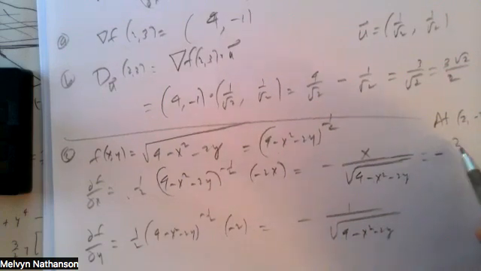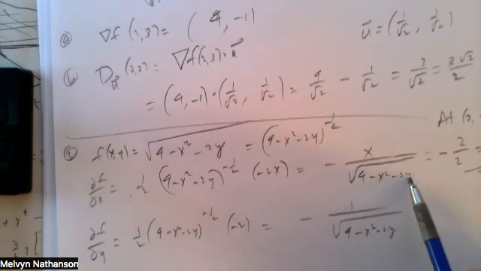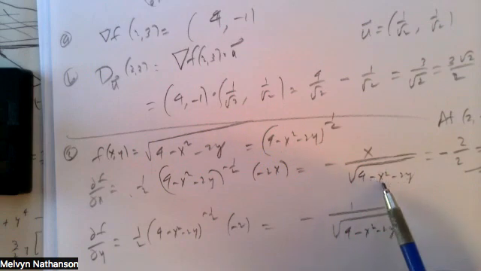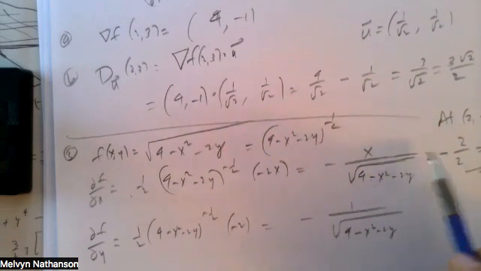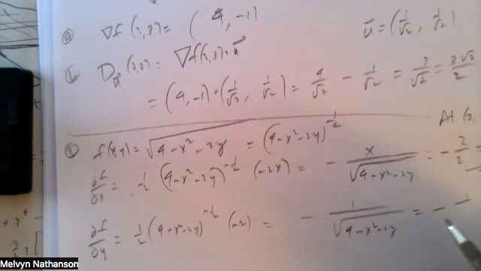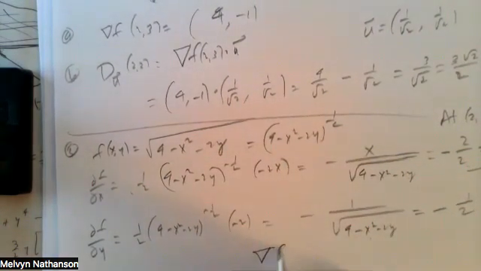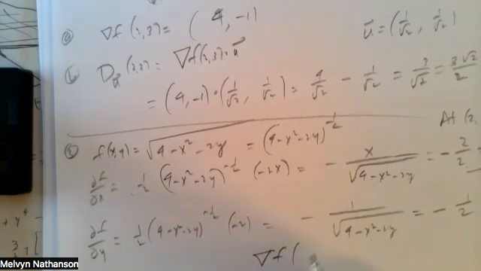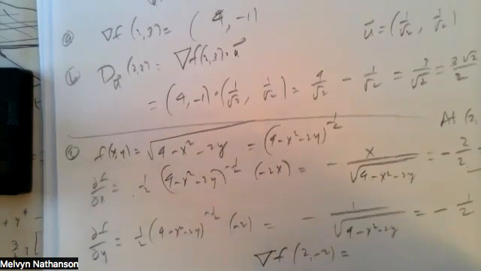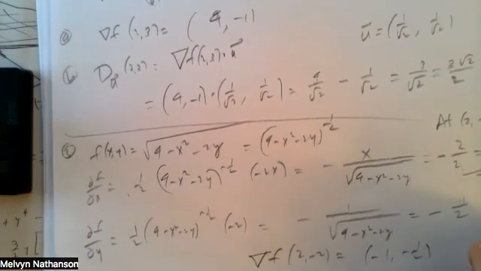So this is minus 2 over 2, or minus 1. Plug in y equals minus 2, x equals plus 2. You get square root of 4, which is 2, and minus 2 over 2 is minus 1. And this is going to be minus 1 over 2. So the gradient of this function at the point 2, minus 2 is the vector minus 1, minus 1/2.